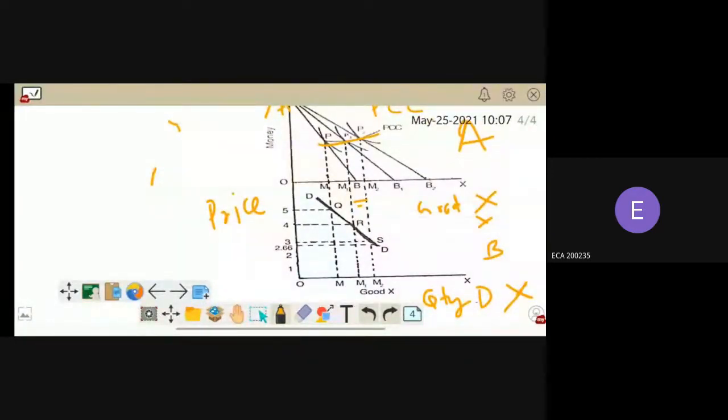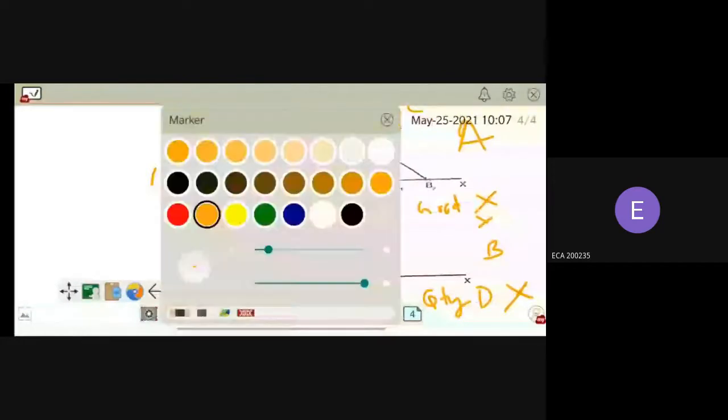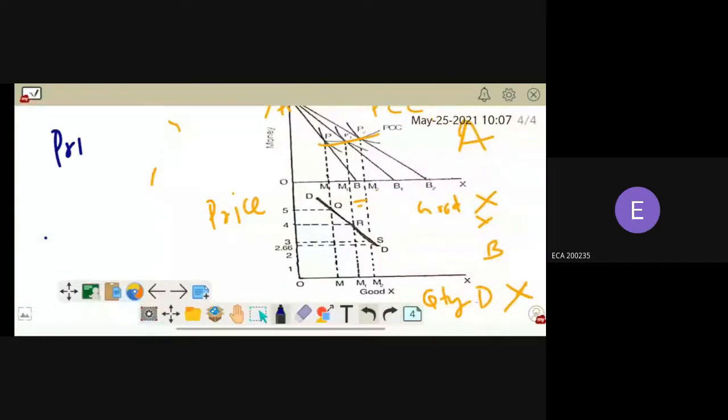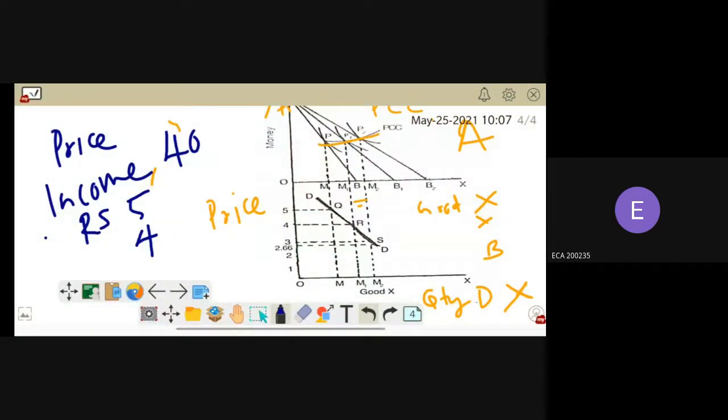Okay, and just imagine that the income of the consumer is only 40, and the prices are rupees 5, then the price comes to 4, then again the price comes to 2.6.